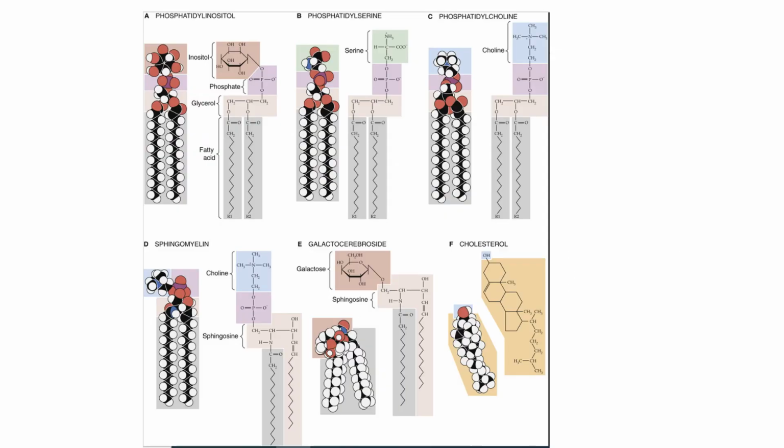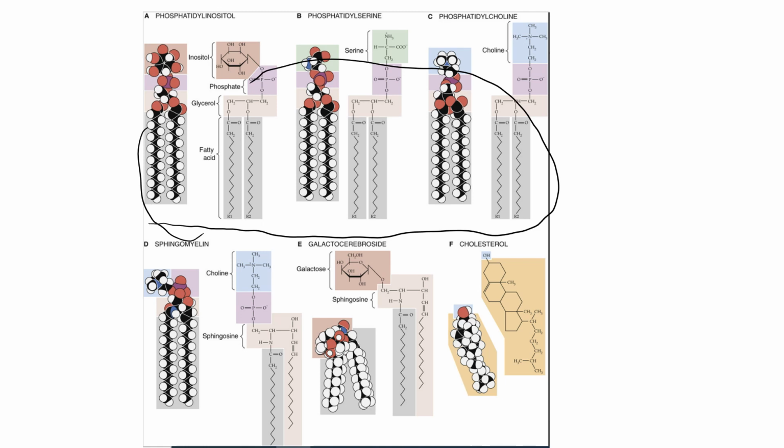Now, there are actually a variety of different types of phospholipids. And the difference is going to be what is the head group. Okay, so the head group changes. And as the head group changes, the type of phospholipid changes. Not much of the phospholipid structure changes at all besides the head group.